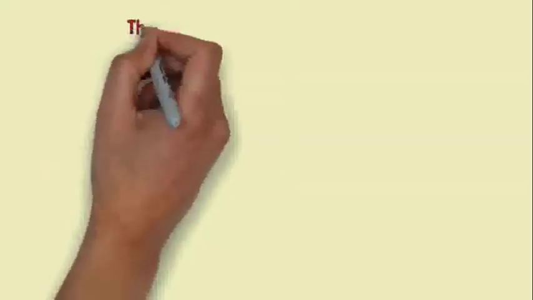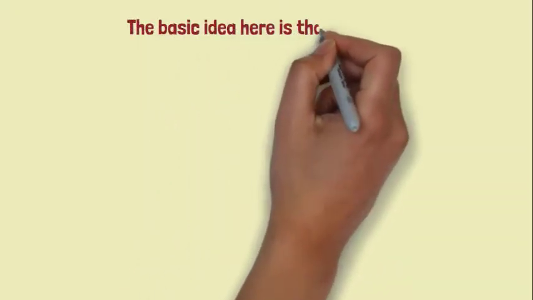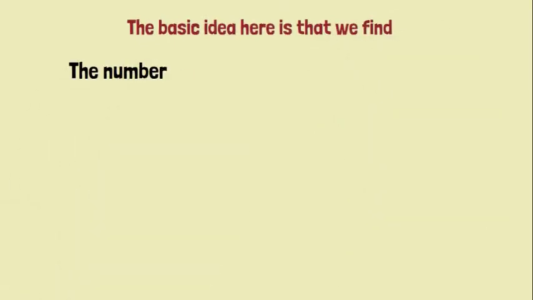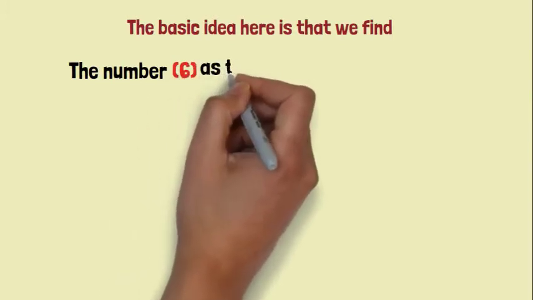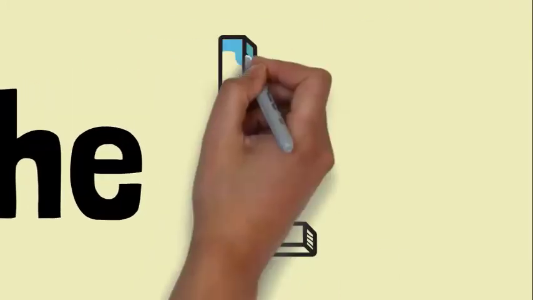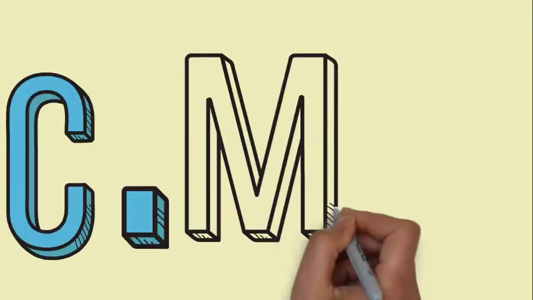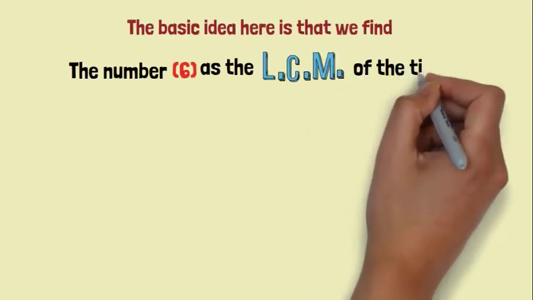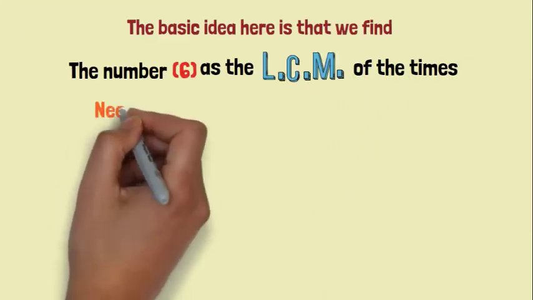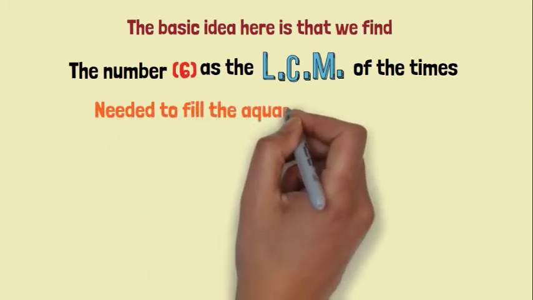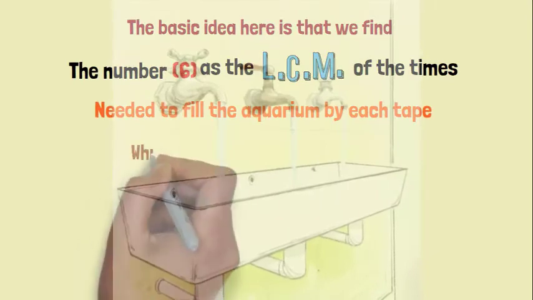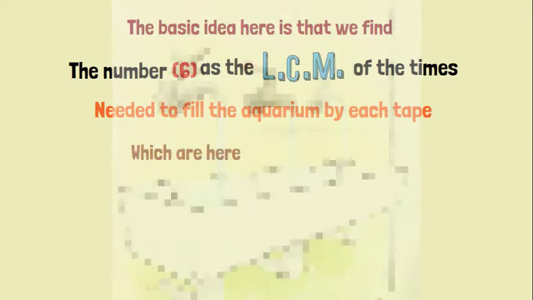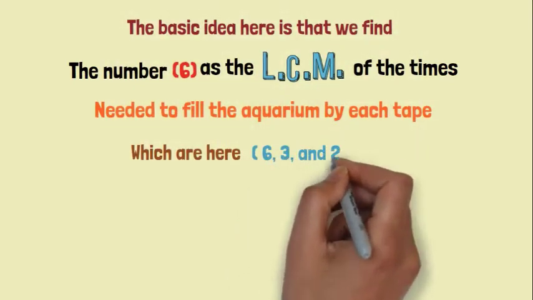The basic idea here is that we find the number 6, which we use in 6 hours, as the least common multiple of the times needed to fill the aquarium by each tap, which are here 6, 3, and 2 hours.